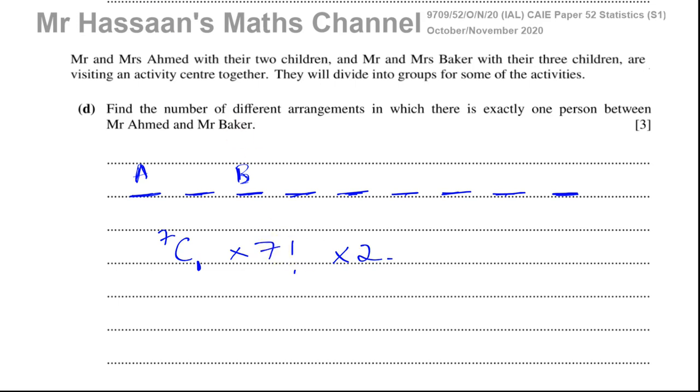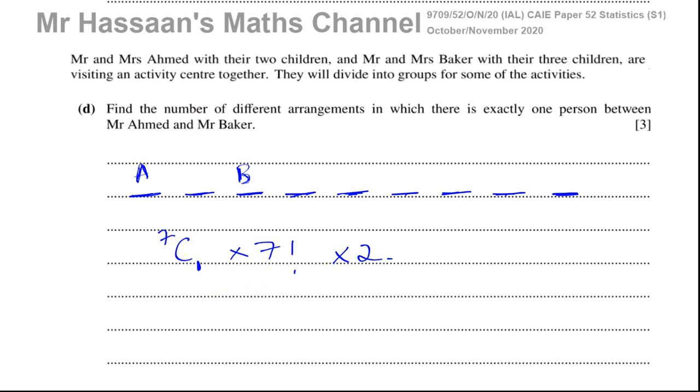The 7 factorial could also be understood in a different way, where Ahmed and Baker can be in this position, that's one place, then 2, 3, 4, 5, 6, 7. That's how we could also understand 7C1.